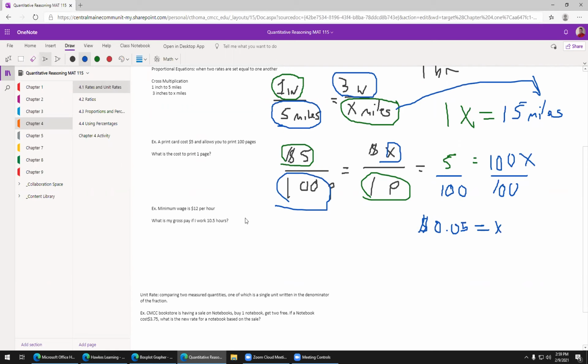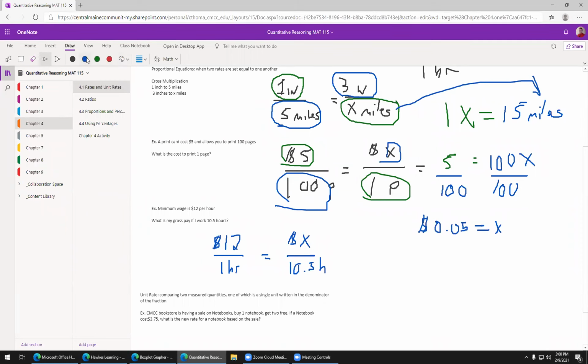So keep going again. This is no questions. Minimum wage is $12 per hour. I think it's actually gone up now, but I'm not 100% sure if it has. 12 per 1 hour. What is my gross pay if I work 10.5 hours? Again, this is very similar to the problem we just did, right?